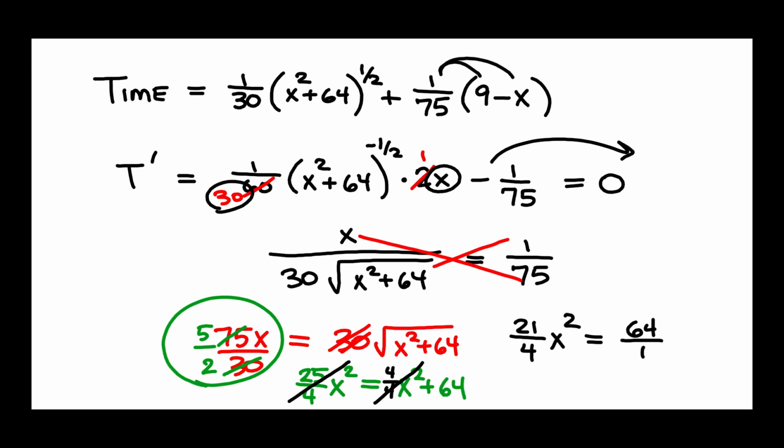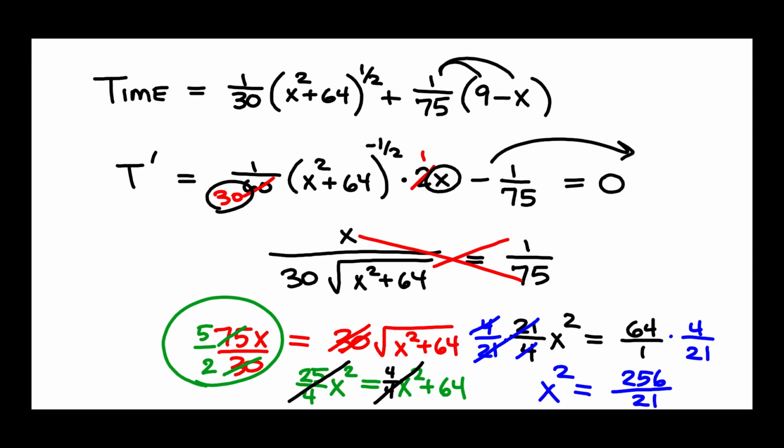We'll multiply both sides by the reciprocal, which will be 4/21. Here's where the fun's going to end. I'm going to have a calculator because I'm decent at mental math, but I'm not that good. I do know 64 times 4 is 256. Yeah, that's the end of the line for me.